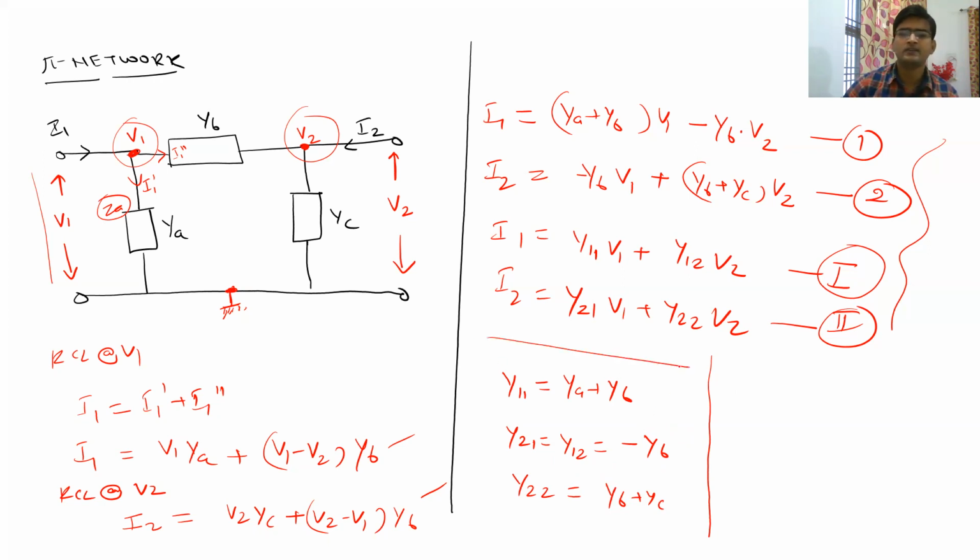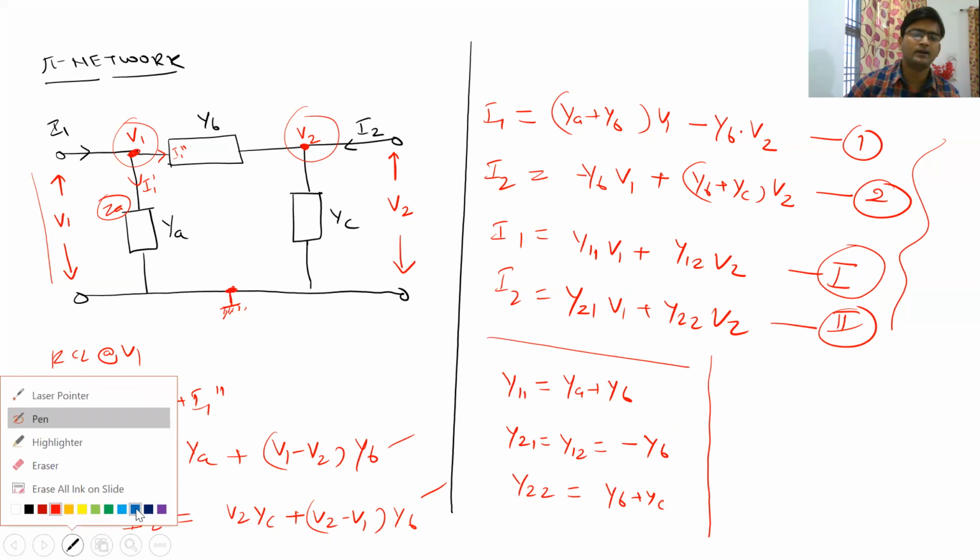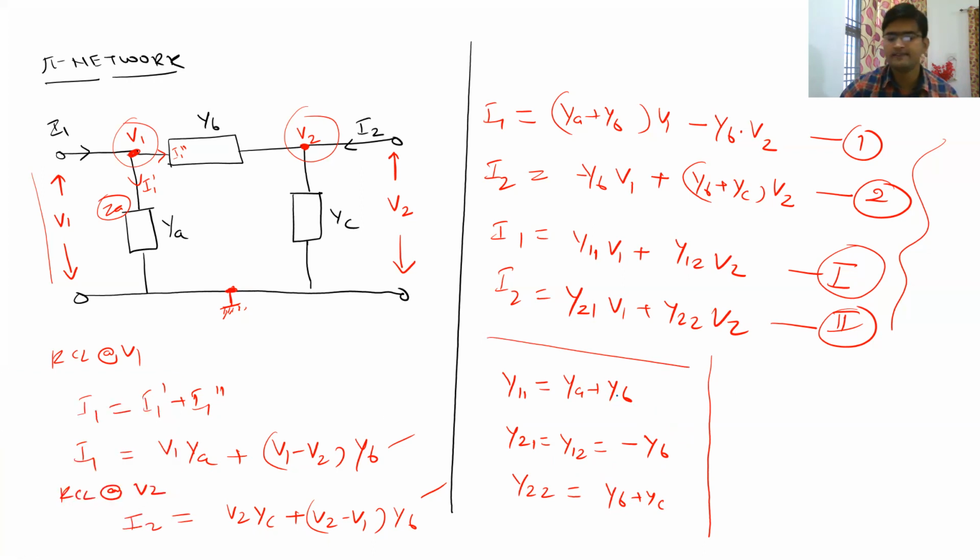Now using these equations, you can definitely find the values of YA, YB, YC in terms of Y11, Y21.